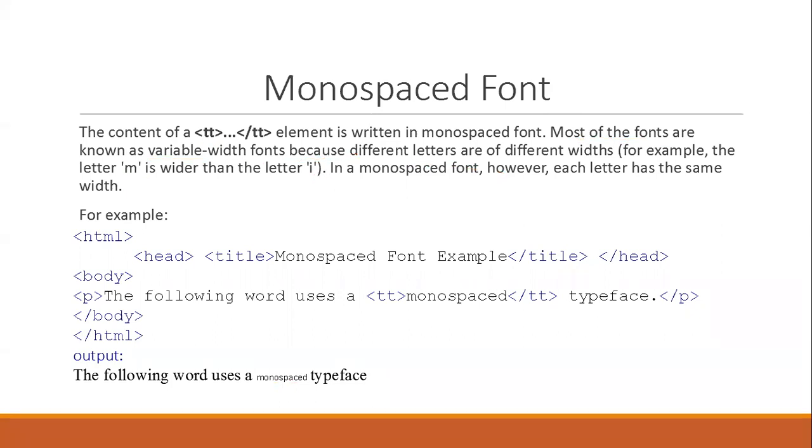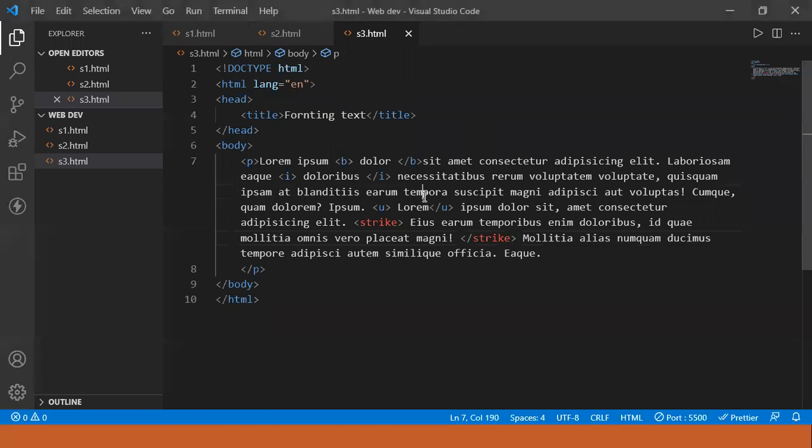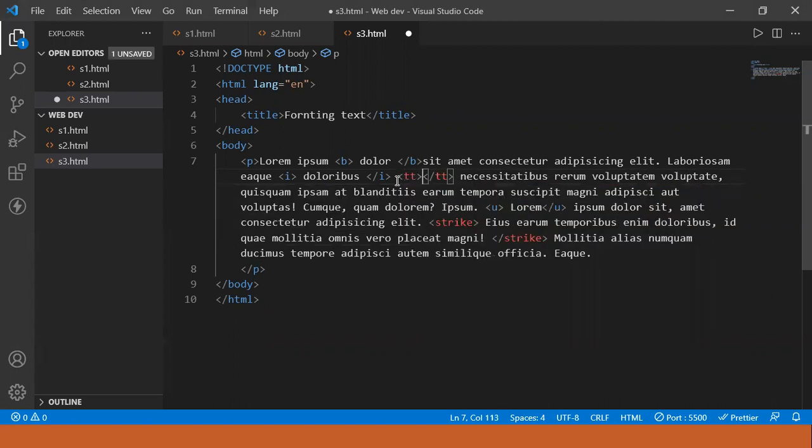We are going to do this, like, see, TT is used as the symbol for monospace. So now we are going to change the words which have been randomly created over here, and we are going to say TT, and over here we are going to put the closing tag where we want to end this.